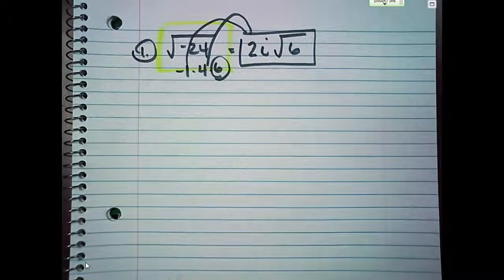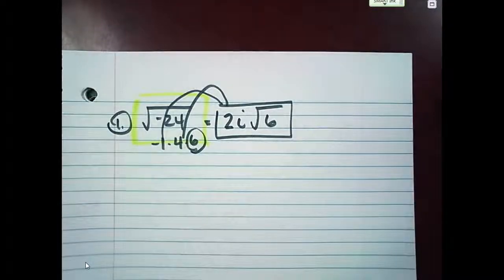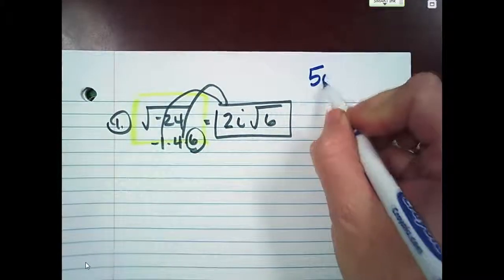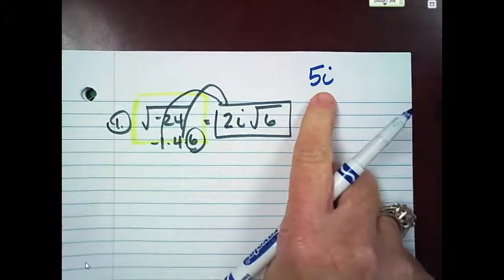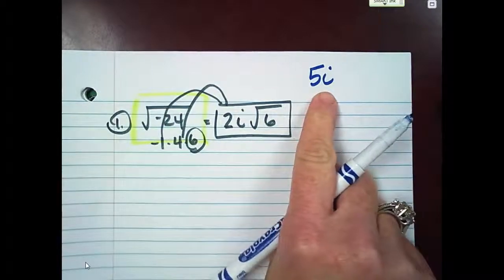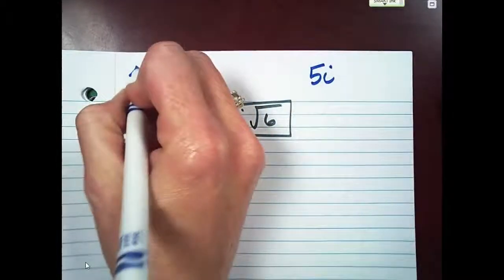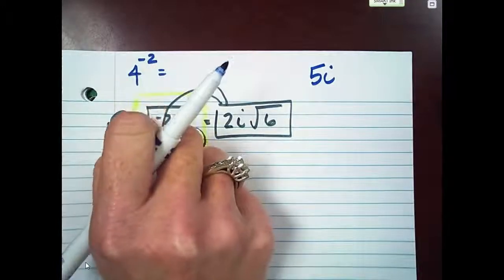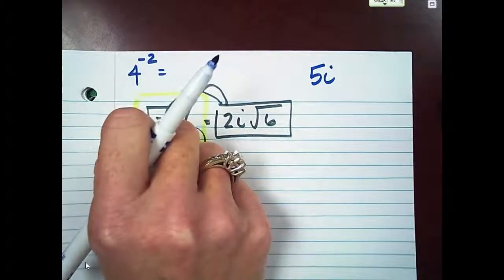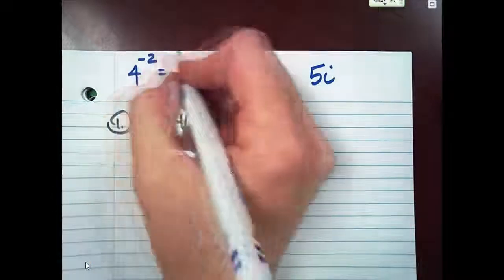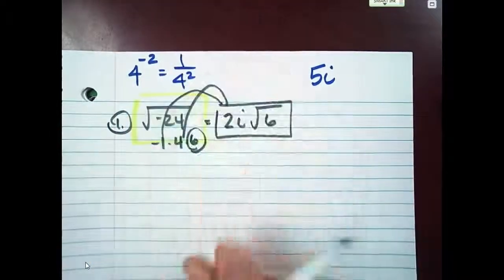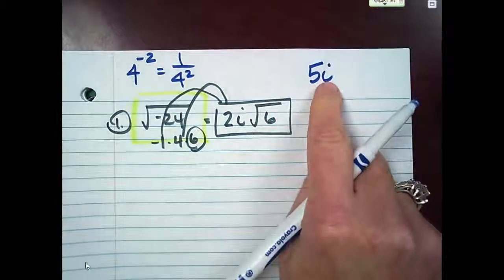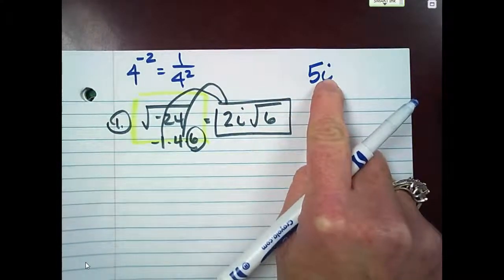Before I go any further, though, I'd like to show you something really quick. So if you see 5I, let me show you something we talked about before. If I told you 5 to the negative 2 power, doesn't that just mean when I subtracted exponents, I had extra left where? In the denominator. So this is 1 over 5 squared, correct? Well, if you see an I next to a number, it doesn't mean a whole lot.